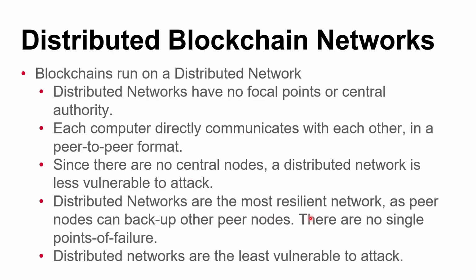And since there are no central nodes, a distributed network is the least vulnerable to attack. Because if any node goes offline in a distributed network, another one can just be brought back on to take its place. So distributed networks are considered to be the most resilient, and there are no single points of failure. And again, they are less vulnerable to attack.